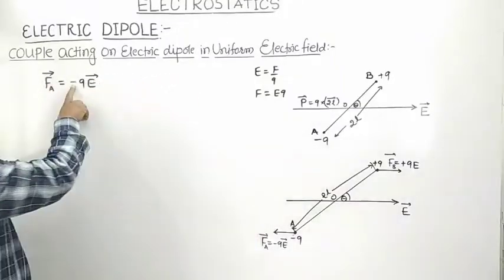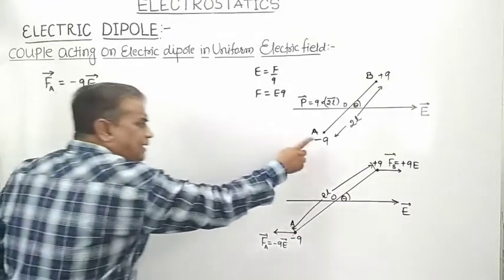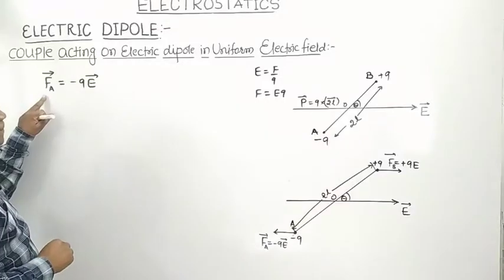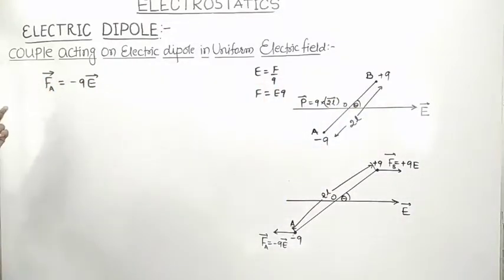The negative sign indicates that the direction of force acting on charge minus q and the direction of electric field intensity are opposite.